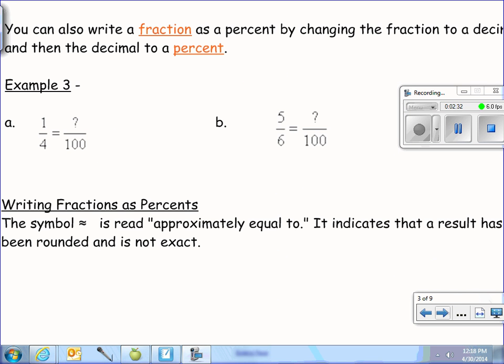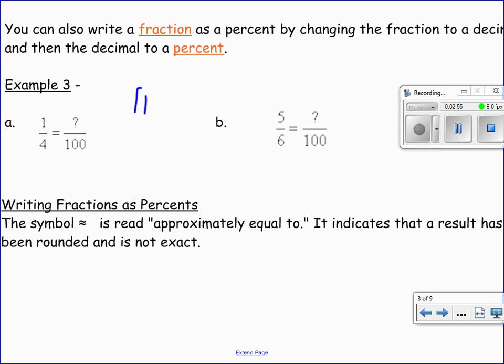You can also write a fraction as a percent by changing the fraction to a decimal, then the decimal to a percent. So in example 3A, we're going to change that fraction to a decimal. Now, even though you can do this in your head, we're going to go ahead and show how to change that fraction to a decimal.